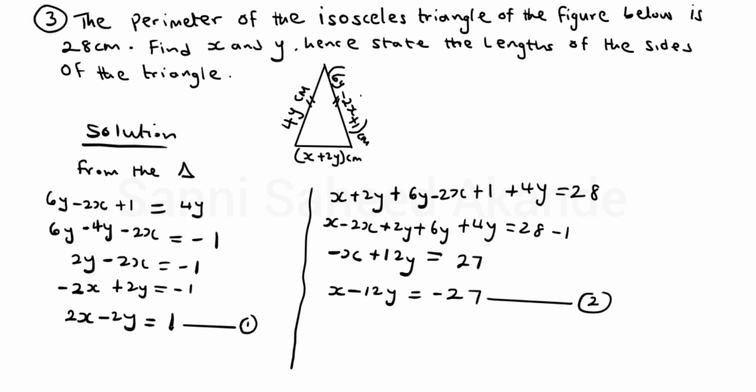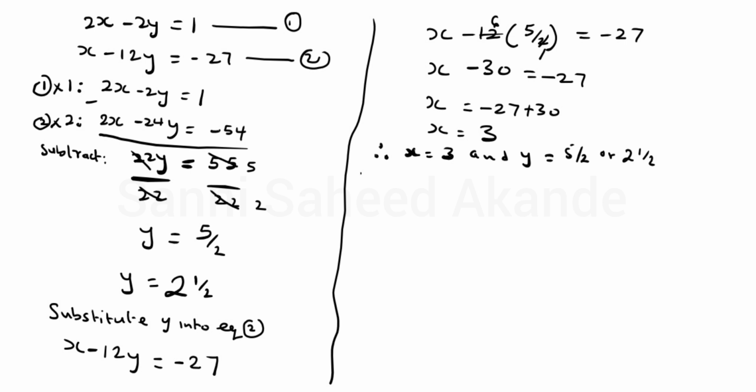That's what we are going to do now. So I'm going to say therefore length of the sides of the triangle are, the first side is 4y centimeter, right?